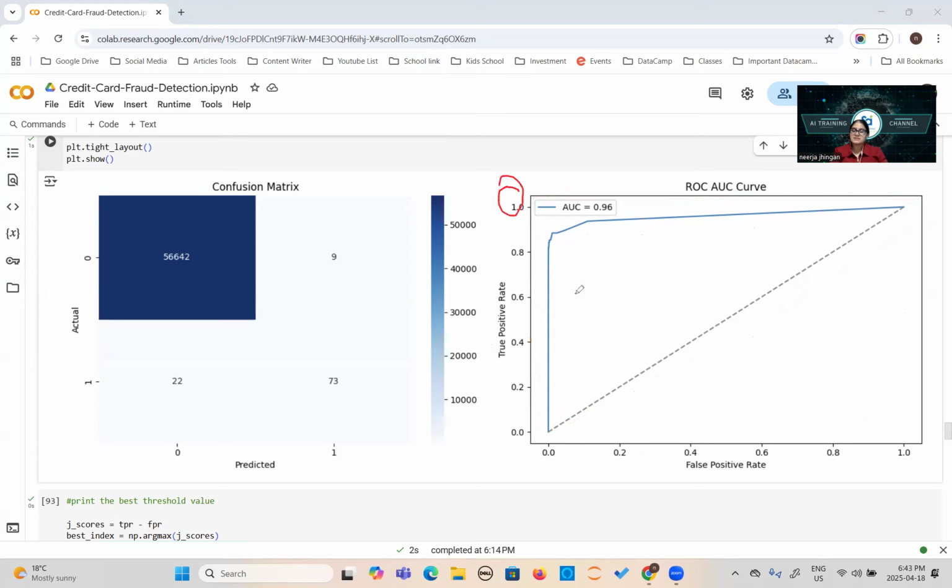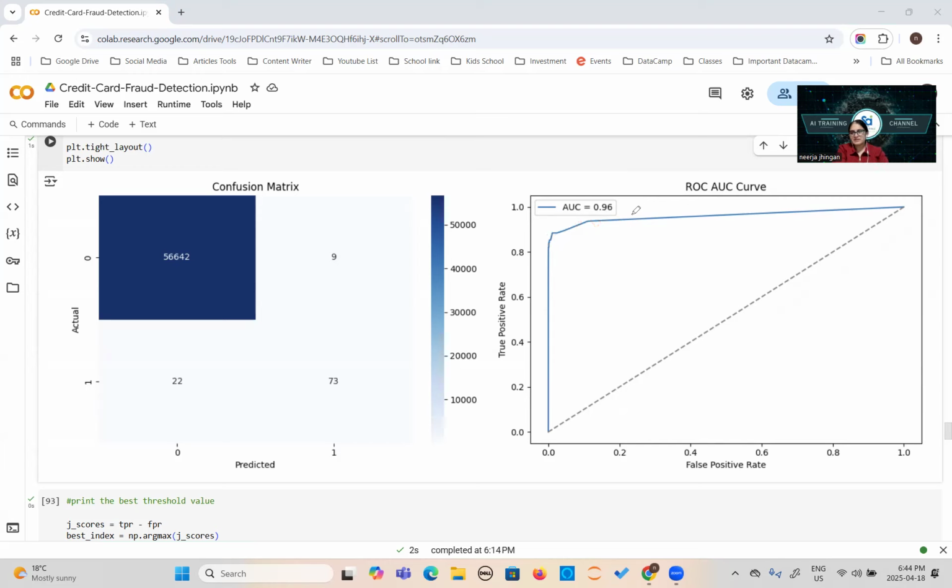When you have a straight line like this, you have an excellent model, because it is 100%. Right now its accuracy is 96%. We can consider it near this line. These are the different threshold values, where the curve changes direction a little bit like this.